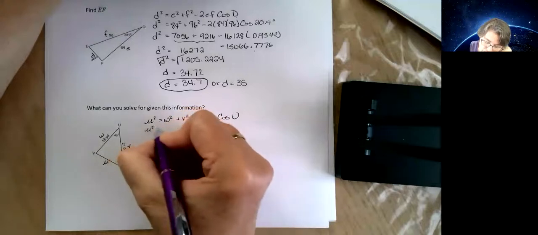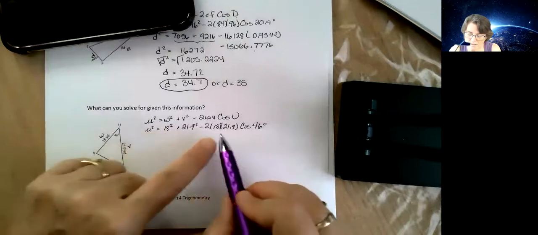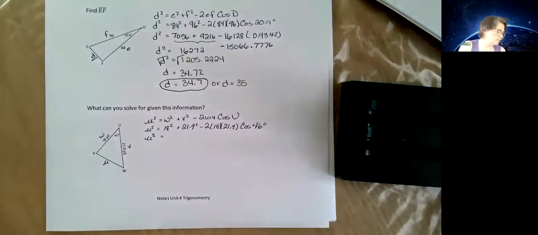All right, so u squared is w squared, which is 18 squared, plus 21.9 squared minus 2 times 18 times 21.9 cos 46 degrees. All right, so one variable, all the rest are numbers, 18, 21.9, 18, 21.9, and we're good. All right, 18 squared, I don't know.